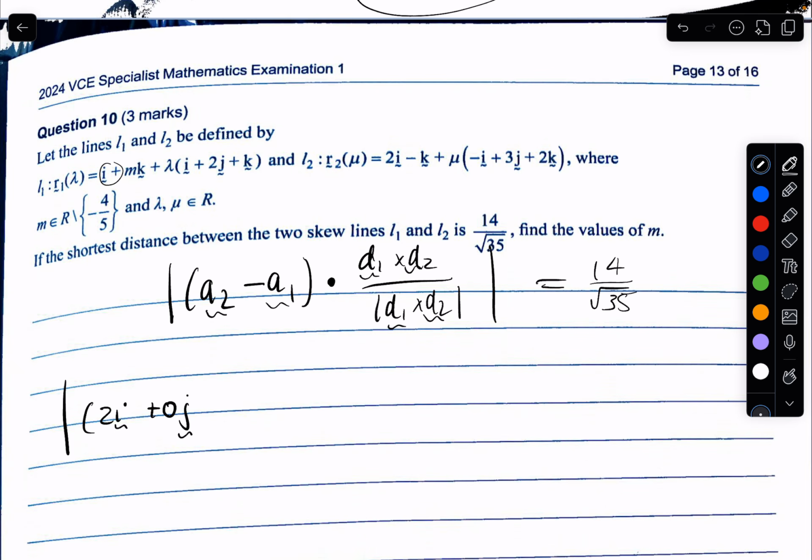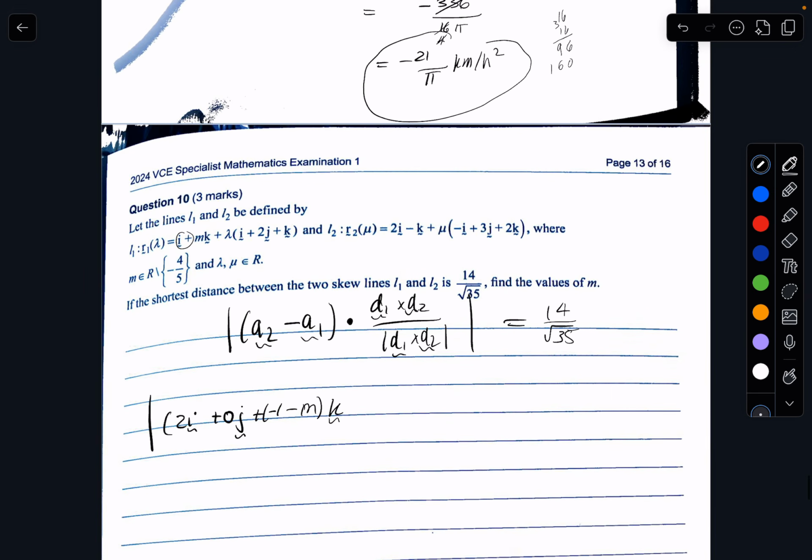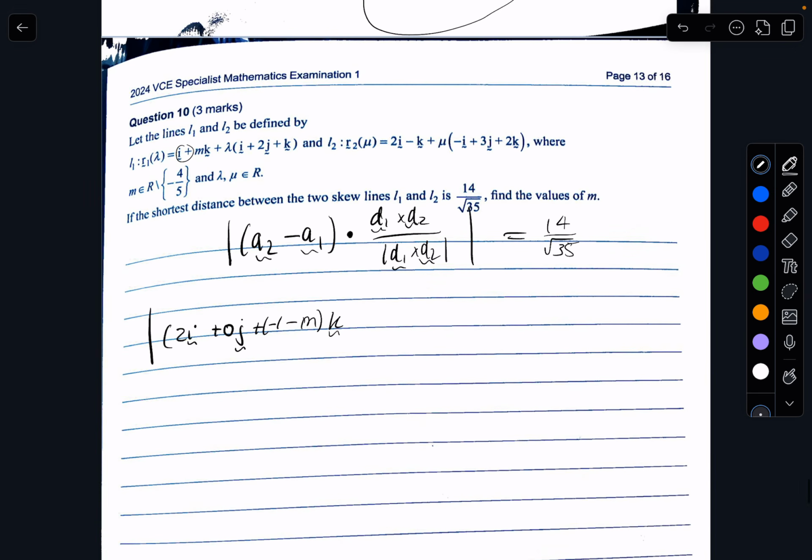And then plus K. So yeah, plus negative K minus M. So minus 1 minus M. -1 minus M. Okay. And then dot with the cross product of the direction vectors.